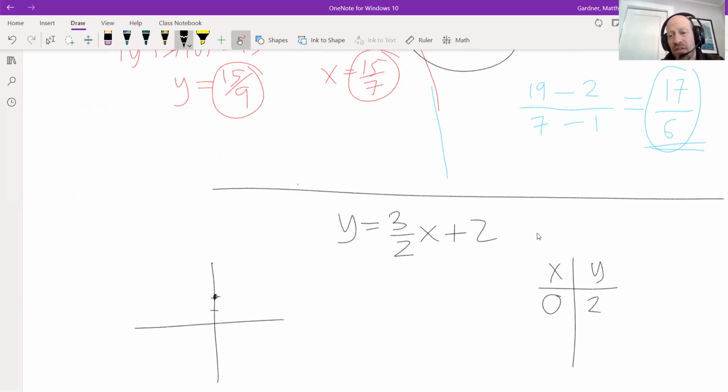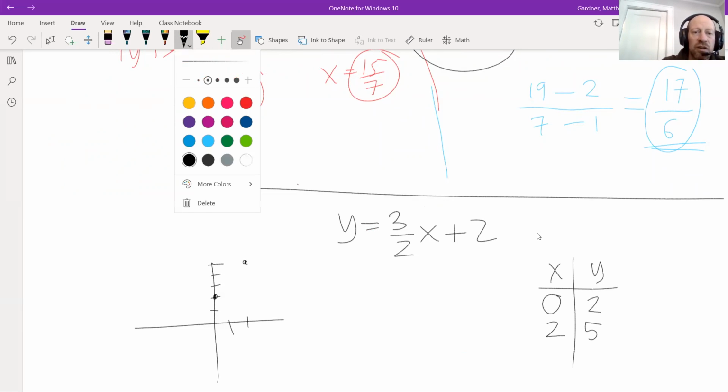So that's an easy point to find. I could put x equals 1, but that's going to give me a fraction. I don't love fractions. So how about I let x equals 2? Then 2 times 3/2 will be 3. 3 plus 2 will be 5. So when x equals 2, y equals 5.